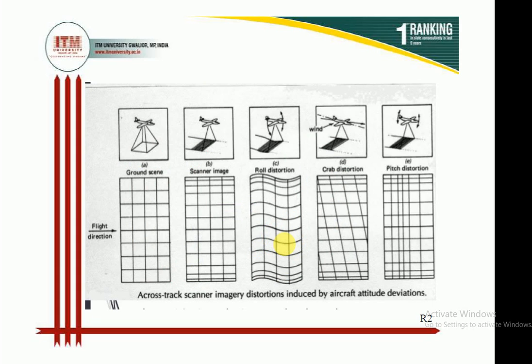There are a lot of things which cause the geometric variation. In the first figure you can see that if a sensor works properly, the ground scene will appear like this, and the image which we get through the sensor will appear somewhat like this. But if there is variation in the pitch value, or there is an undulating surface, then the image will appear somewhat like this.